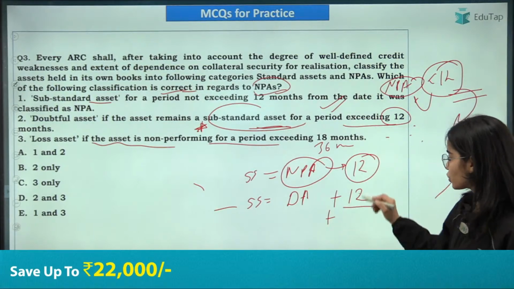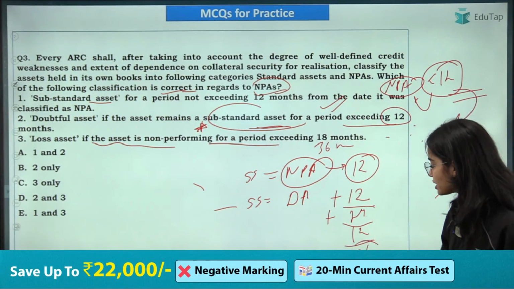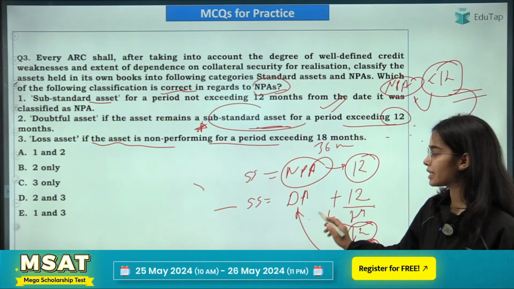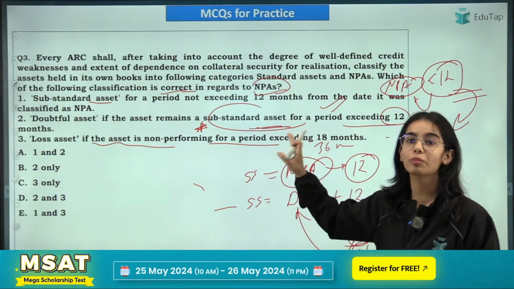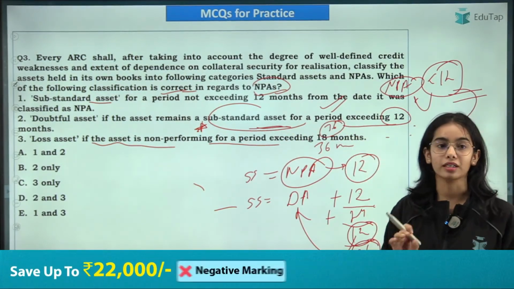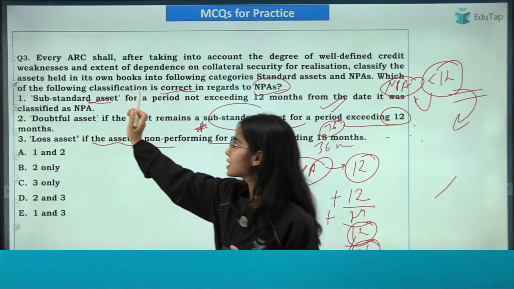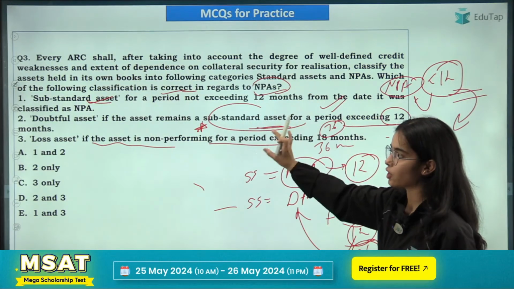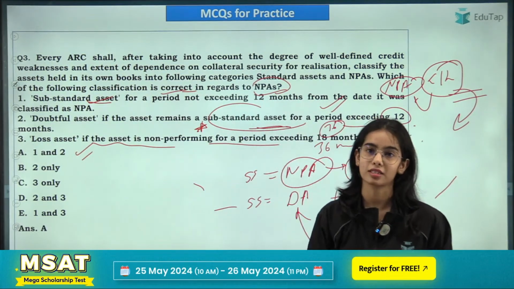Then 24 months here, and then 12 months more, so that means if the doubtful asset remains for 12 months, it becomes a loss asset, which is a non-performing asset for a period exceeding 36 months. So that is the whole idea. Okay, so you have to remember the basic idea here: the definitions of substandard asset, doubtful asset and loss asset. So here statements 1 and 2 are correct, and that's why A is the right answer here.